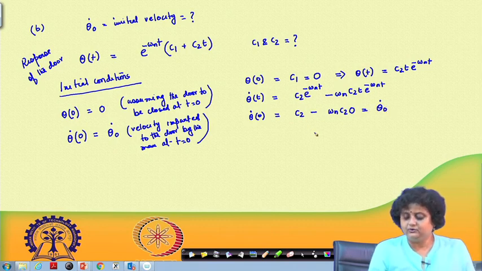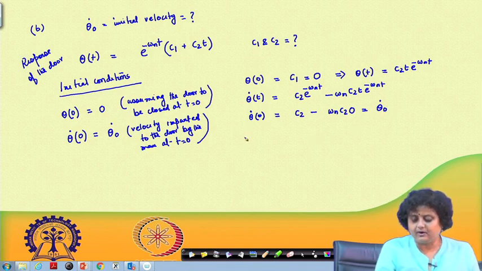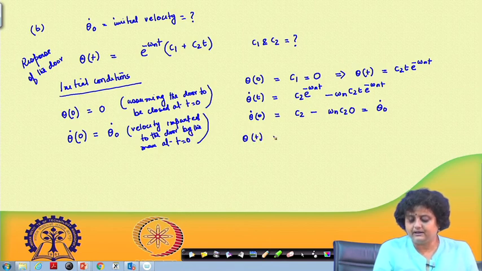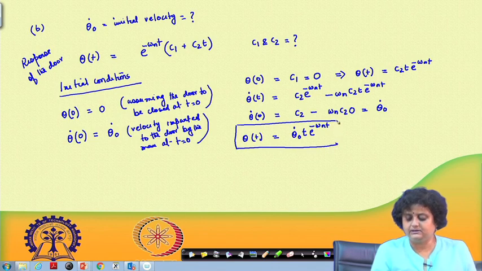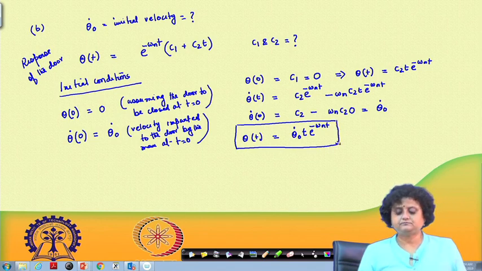Therefore, C2 is equal to theta dot 0. So, my response ends up being theta dot 0 t e to the power minus omega n t. This is my response in terms of my initial velocity.